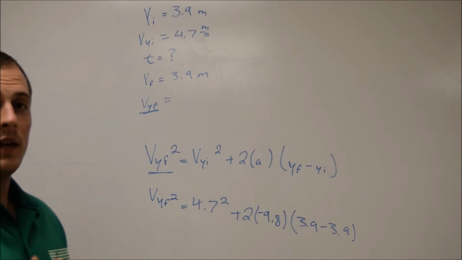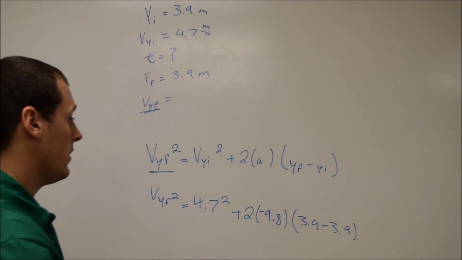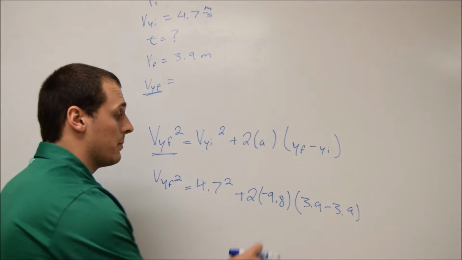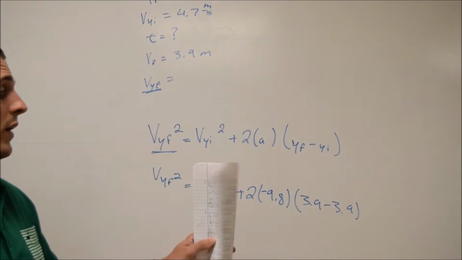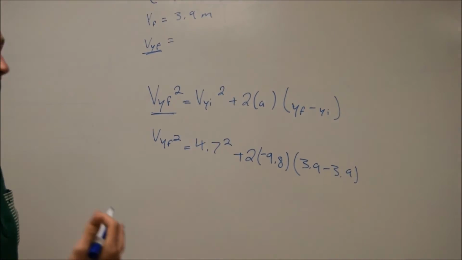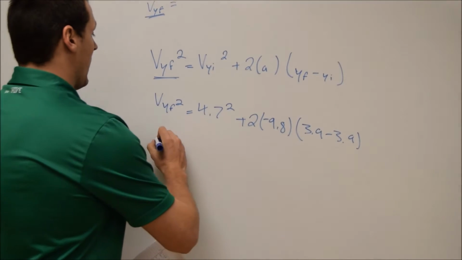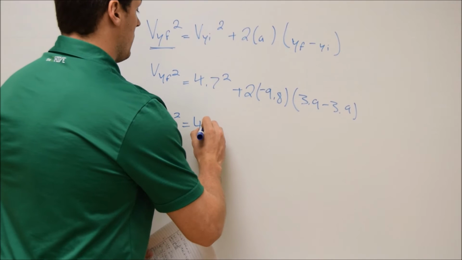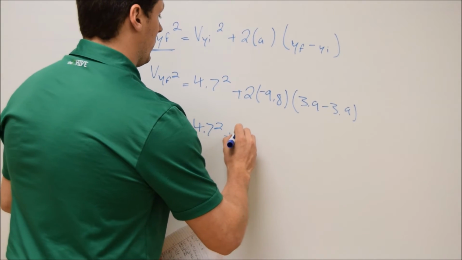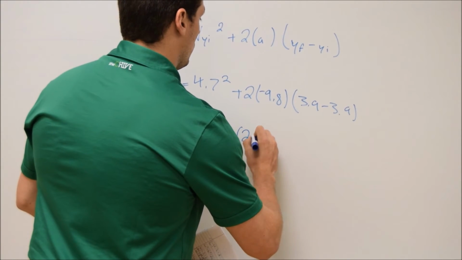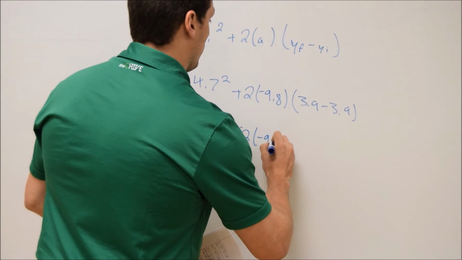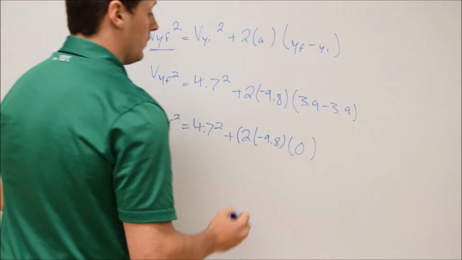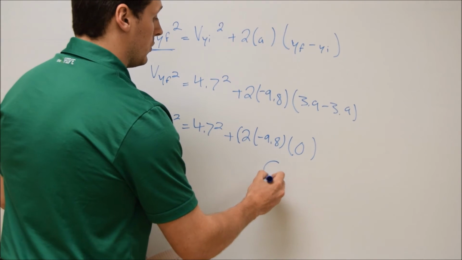One thing that you'll notice here is that you're going to get a 0, and then you're going to be multiplying by 0. So essentially the entire right side of this equation is going to be equal to 0. So we have our Vy final squared equals 4.7 squared plus 2 multiplied by negative 9.8 multiplied by 0, which is all equal to 0.